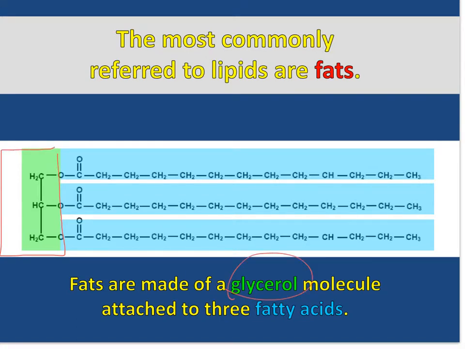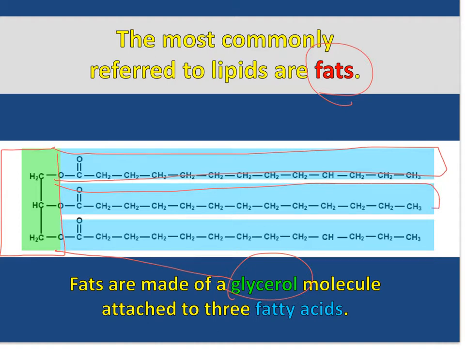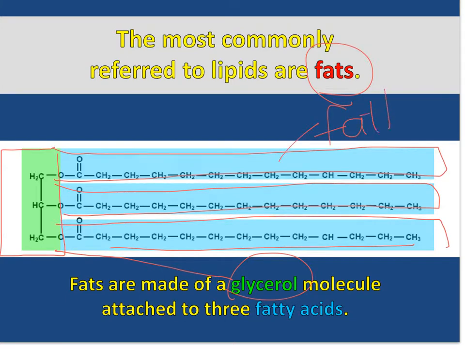So right here in the green, that's a glycerol. And that's the head of the fat. So lipids are called fats. And then you can see these hydrocarbons, and they just look like tails coming off the end. This one has 3 tails. And those tails are called fatty acids, and that's in the blue.